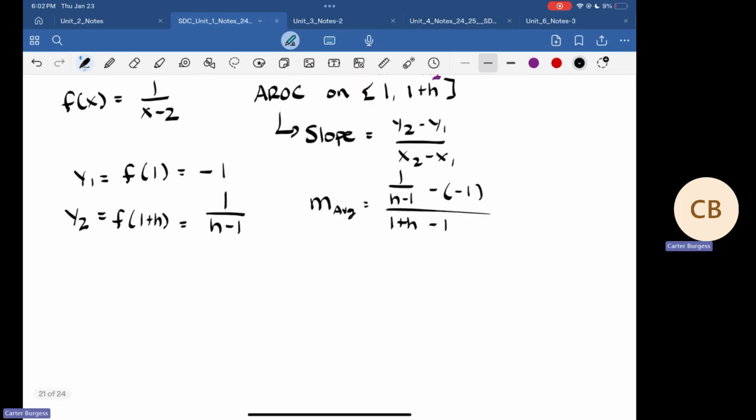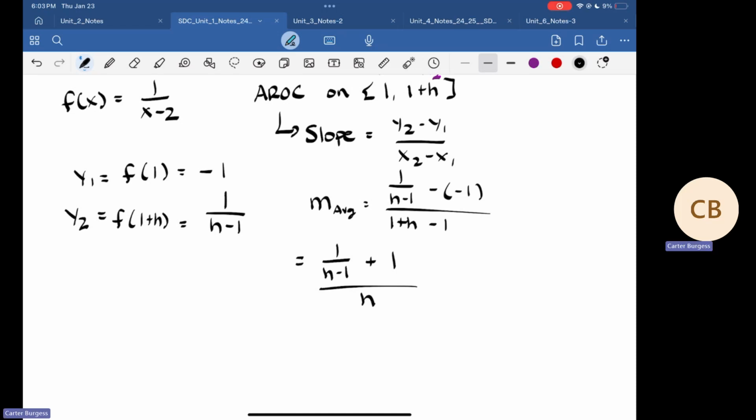All right, that's pretty solid already. The only cleanup here that I would really say I want to see is I don't love having fractions inside of my fractions. It's just a little bit messier than what I would like. So a little bit of cleanup here before we try and deal with that. So 1 over h minus 1 plus 1 minus a negative, and then the 1 and the -1 in my denominator are going to cancel.